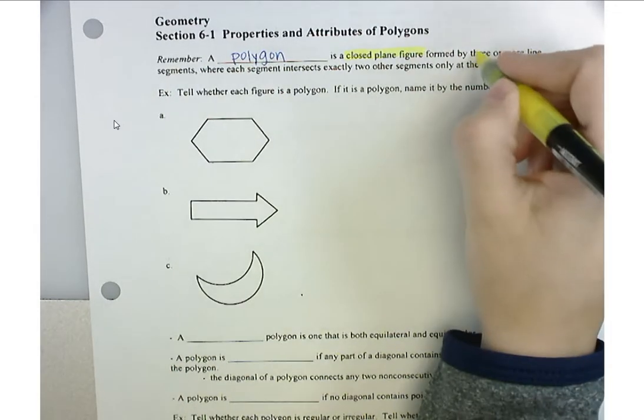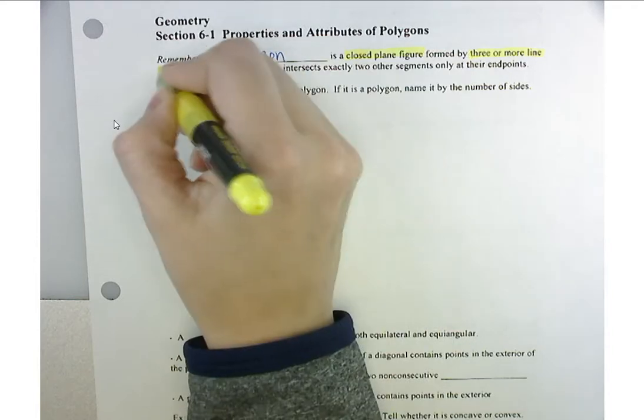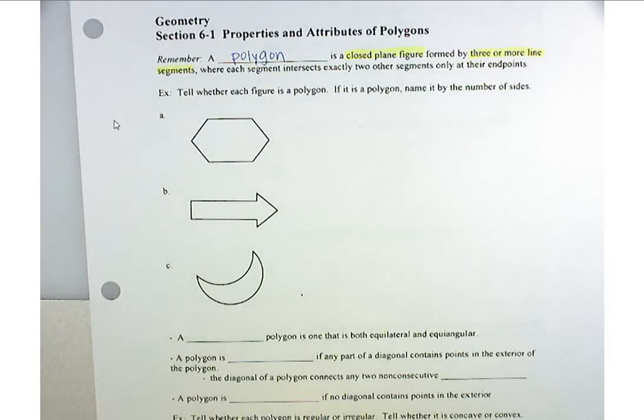You are going to have 3 or more line segments, and then each segment is going to intersect exactly 2 other segments only at their endpoints.